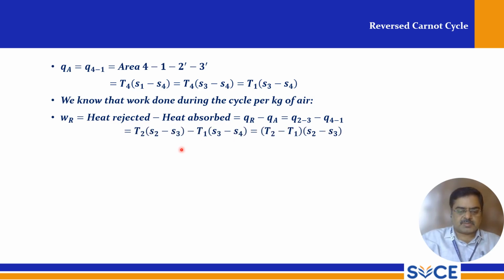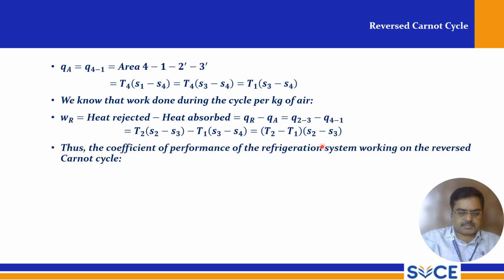That is equal to, in terms of T and S, T2 (S2 minus S3) minus T1 (S3 minus S4), which can be rewritten as (T2 minus T1) into (S2 minus S3).